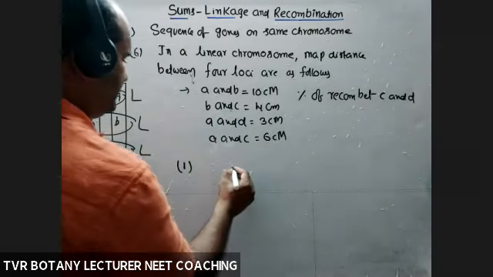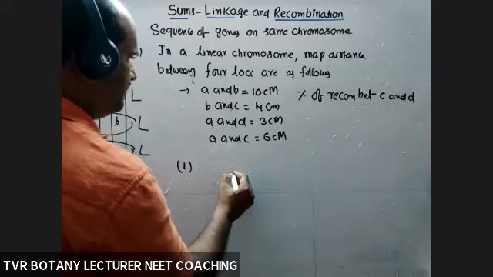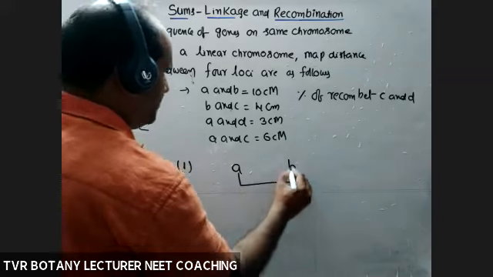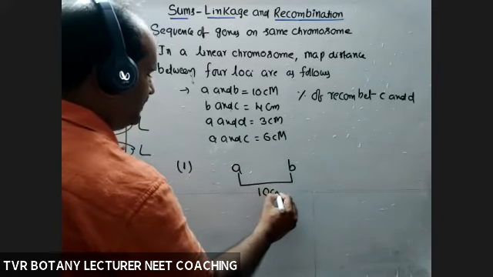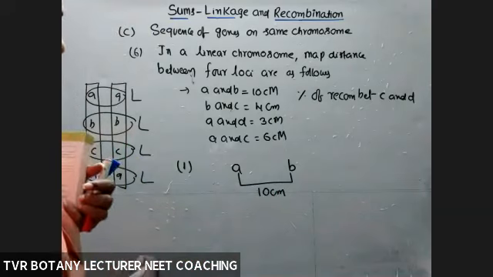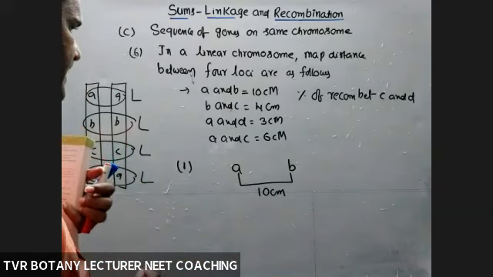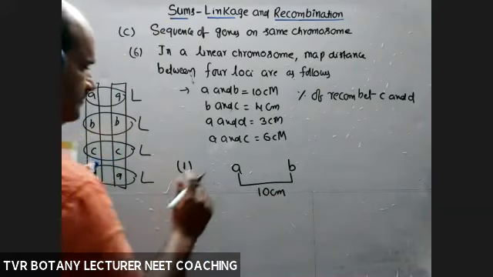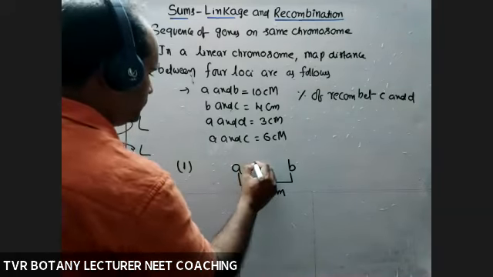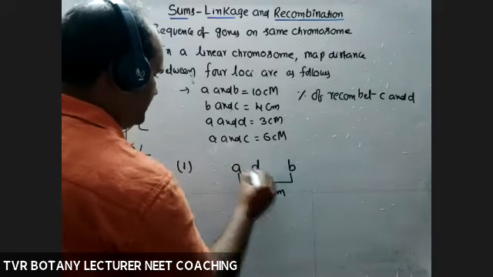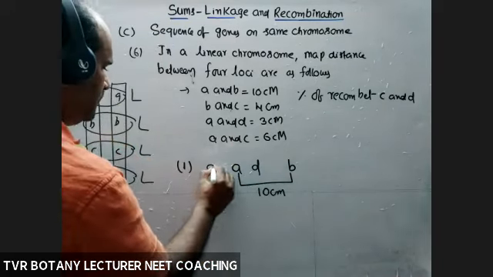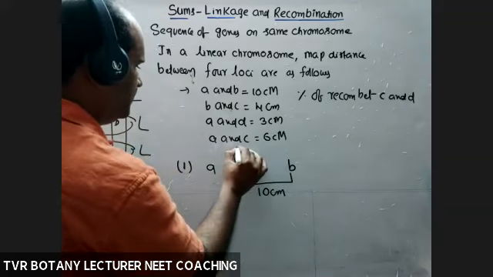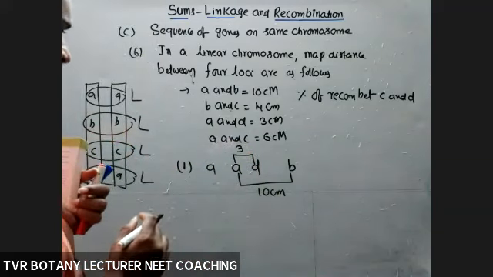So more distance is between A and B. A, B, with how much? 10 centimorgan. Next, B and C, or D. A and D, take A and D. So here I'm taking D in between. So A and D, how much? 3 centimorgan.